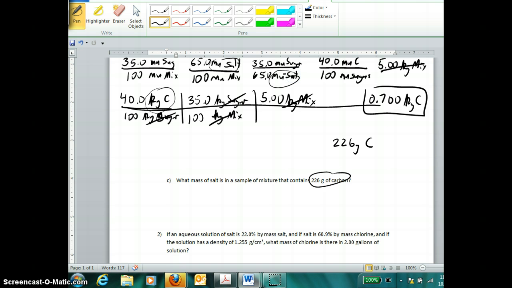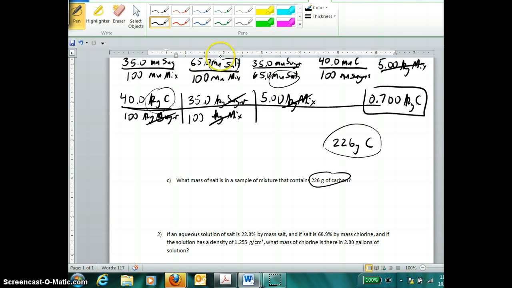Now, if I start with this mass of salt, I will need to cancel a mass of sugar, which I can do because mass of sugar exists right here, but that will leave me with a mass of carbon. And of course, I can cancel the mass of carbon with this mass of carbon I was given right here. So I'm thinking this is probably the mass of salt to start with.